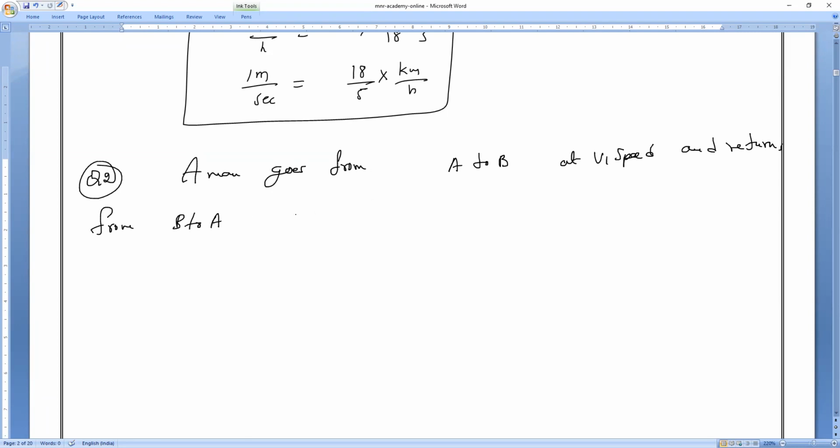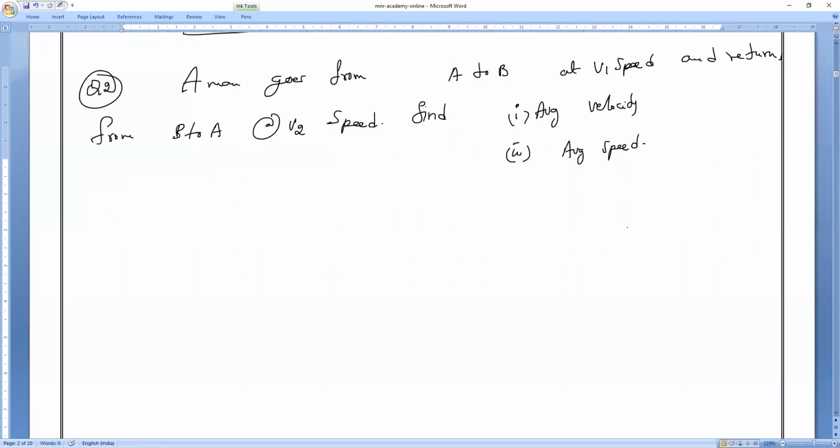Can you tell me, anybody? 0, because he reached the initial point, displacement 0, sir. Find, first, average velocity, and Roman number 2, average speed. Everybody clear?